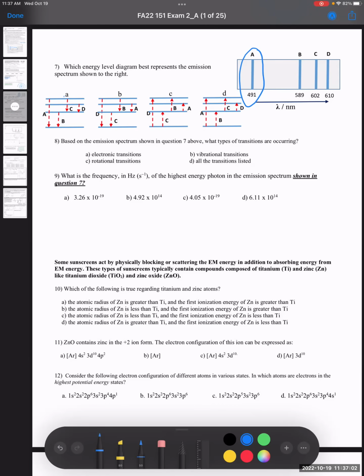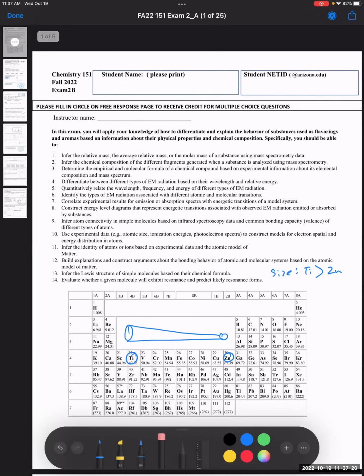Zinc oxide contains zinc in the +2 ion form. The electron configuration of this ion can be expressed as... so the electron configuration of zinc 2+, that's the question here. Now, if you go back to the periodic table one more time, we have zinc over here. To get to zinc, we need to fill 1, 2, 3. The third shell is completely filled. That means we're going to have the argon core.